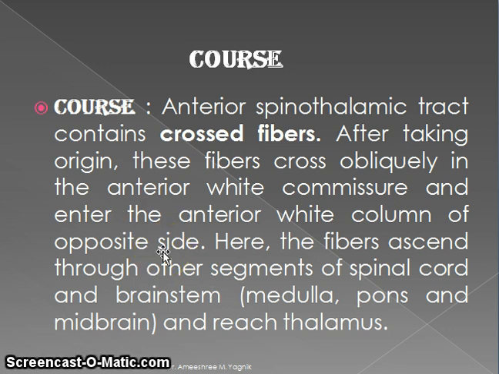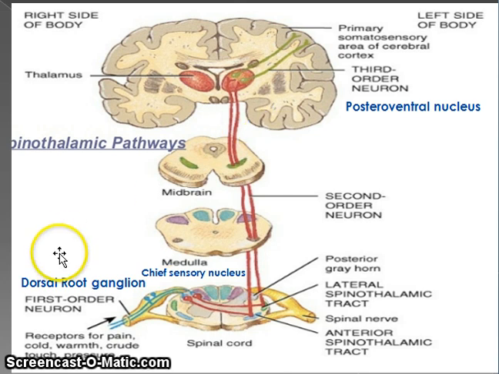As it is starting from the spinal cord and ending in the thalamus, it is known as the spinothalamic tract. So look over here, this is the first order neuron, that is the dorsal root ganglion or posterior nerve root ganglion. Here are the receptors for the pressure. The pressure receptor will pass the sensation of crude touch.